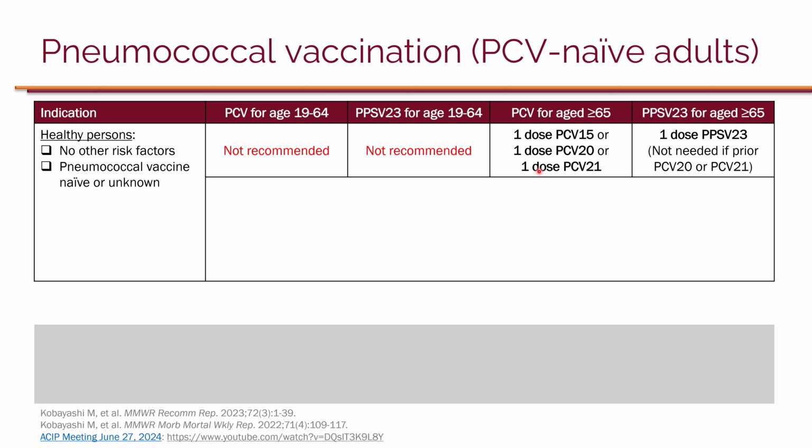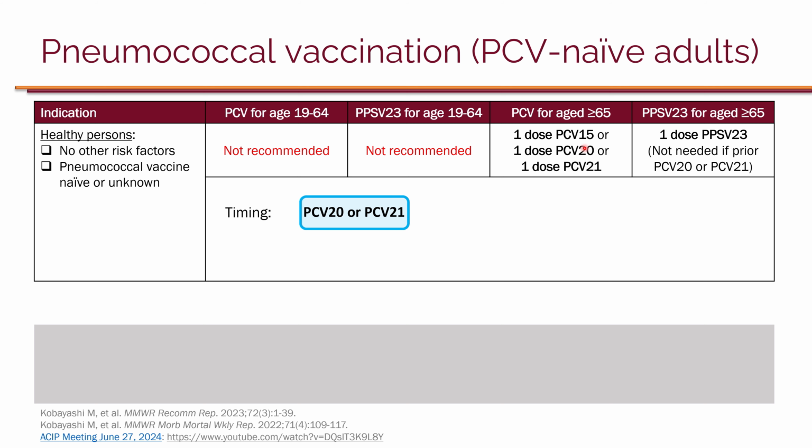So they can get either PCV15, 20, or 21. Any of them are recommended with no preference over one or another. Now, the caveat is that if the patient did get PCV15, they do also need to get a PPSV23, just because 15 is not covering as many serotypes as possible, whereas 20 and 21 cover a large variety of serotypes.